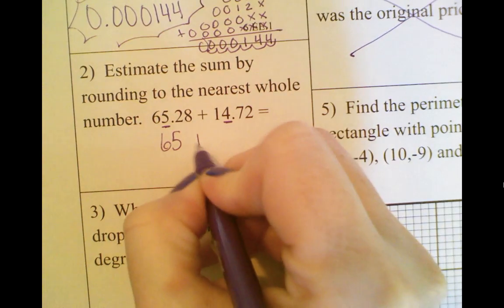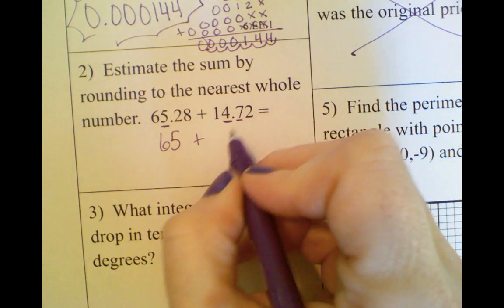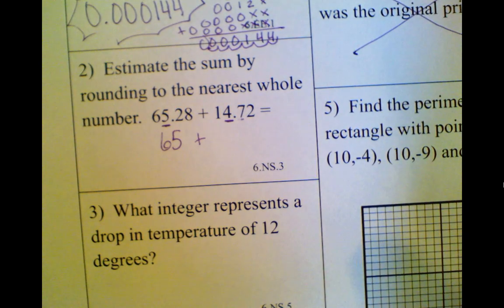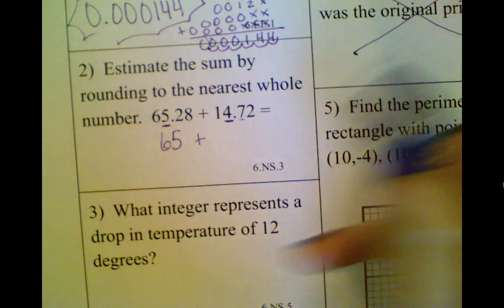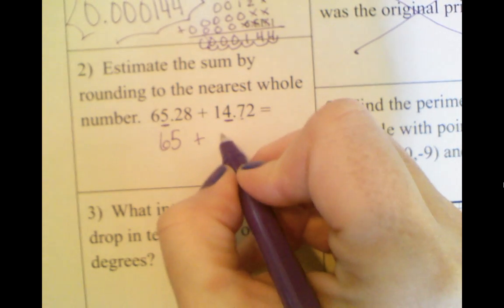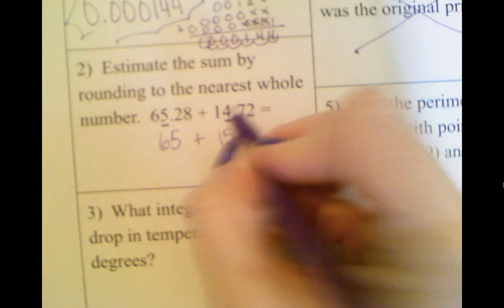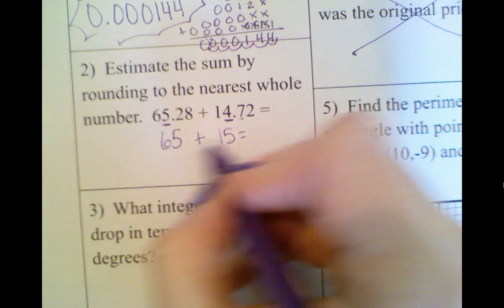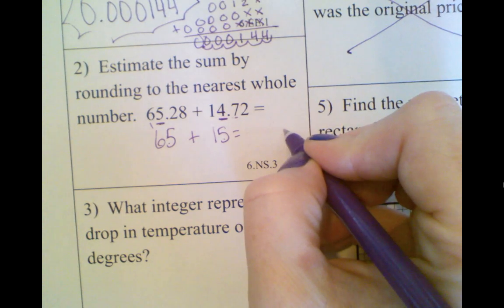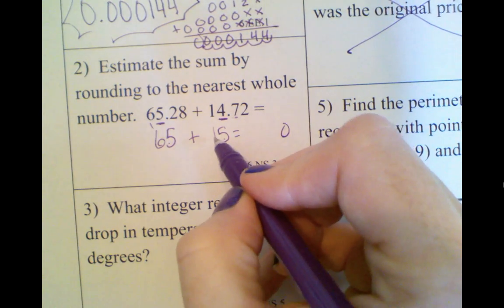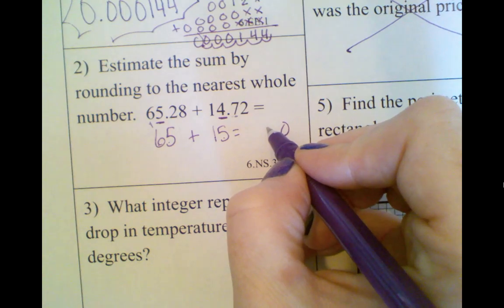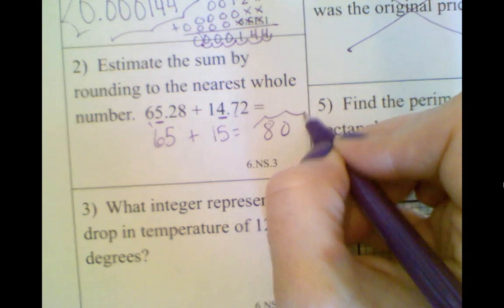For 65.7, the 7 is going to make the 4 go up because remember, 5 or more, raise the score, 4 or less, let it rest. So this is going to raise the number to 15. And then you're just going to add it up. 5 plus 5 is 10, carry your 1, drop your 0. 1 plus 6 plus another one is going to be 8, so 80 is going to be your answer.